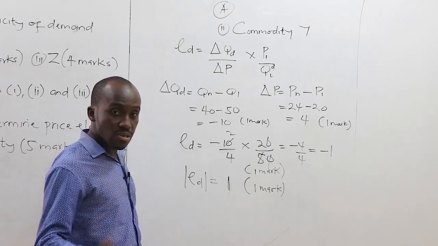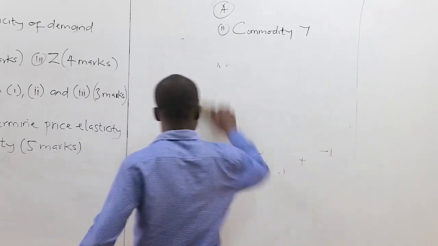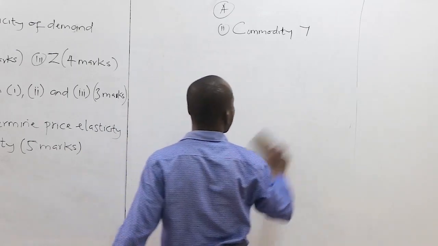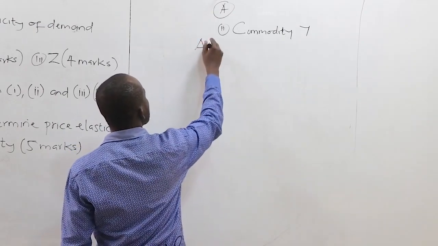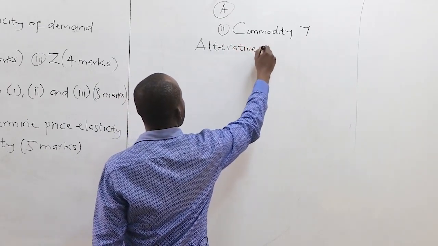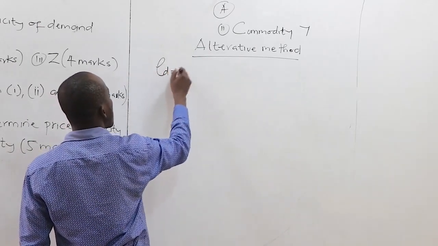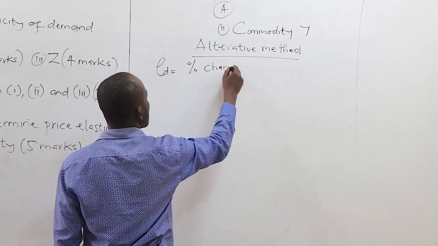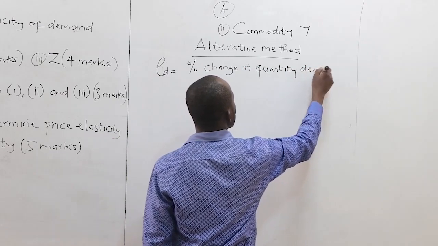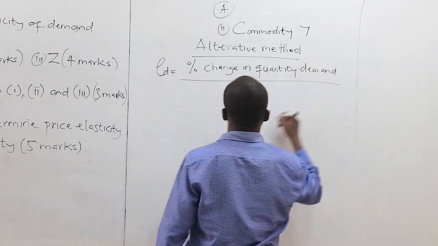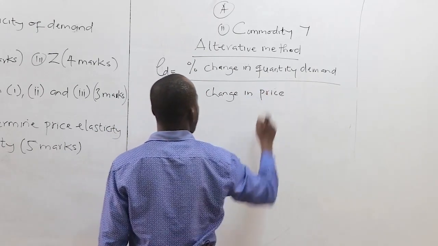Let's use the alternative approach to do it. Will we get the same answer? Alternative approach: elasticity of demand is equal to percentage change in quantity demanded divided by percentage change in price.